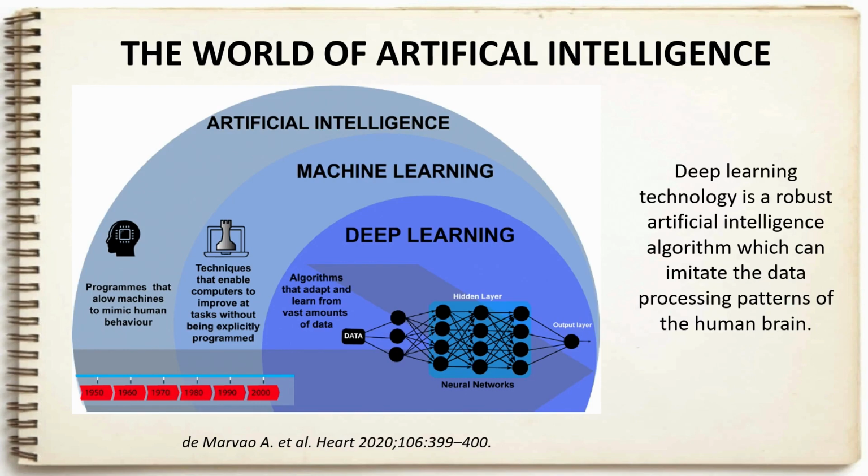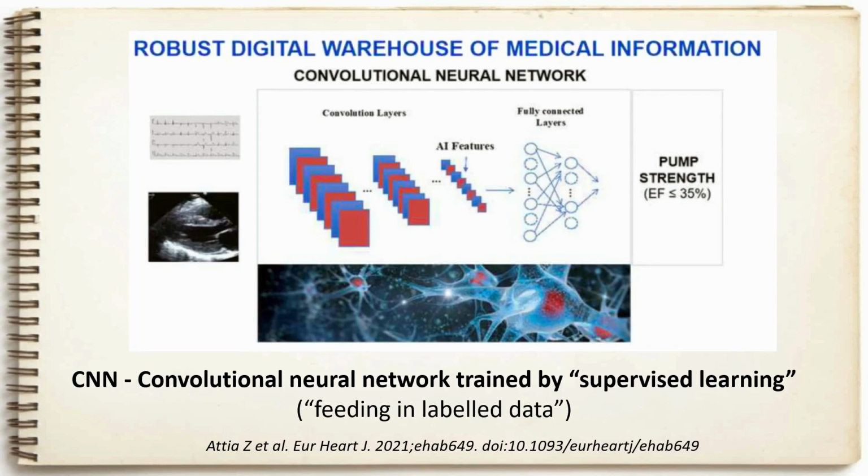Deep learning is basically a technology, a robust artificial intelligence algorithm which can imitate, or would like to imitate, the data processing patterns of the human brain.